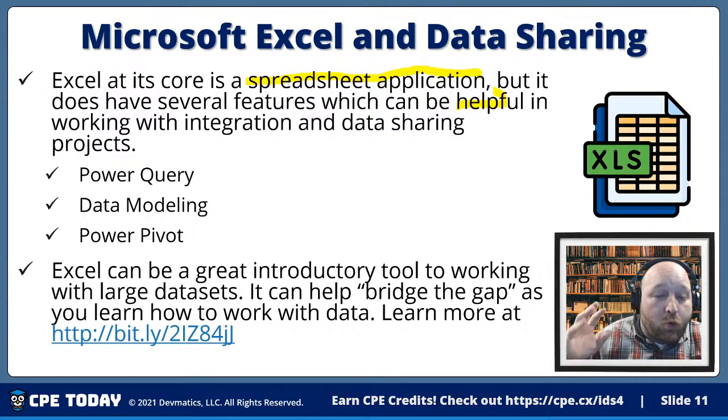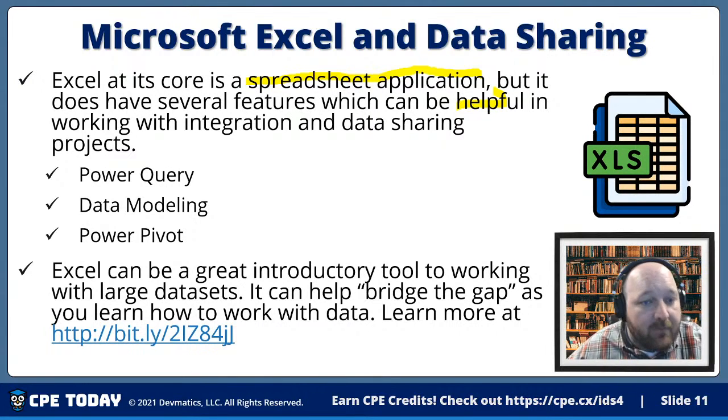While it will not directly, for example, integrate in terms of pushing data to multiple places, it absolutely can work in terms of pulling data from many different places. So from a reporting perspective, it is a wonderful integration and data sharing tool. And if we think about the work that we're doing as financial professionals, most of it is going to be in Excel. So let's cut out the middleman here and just hook Excel directly up to that data source and be able to pull that data down directly.